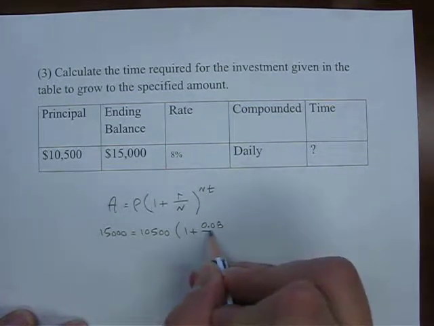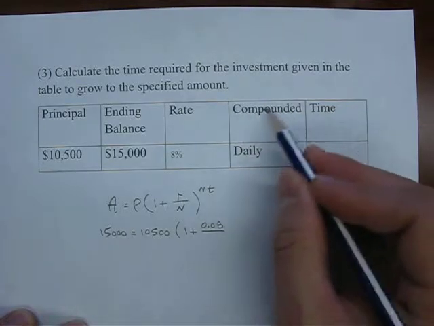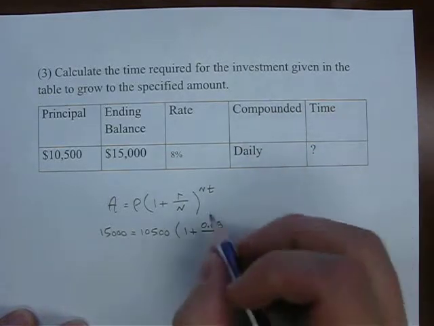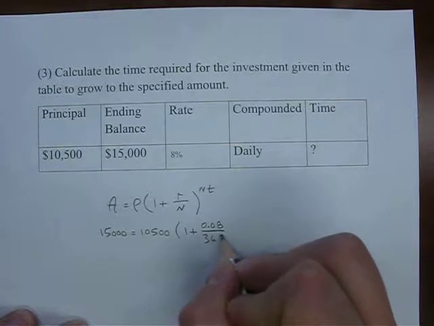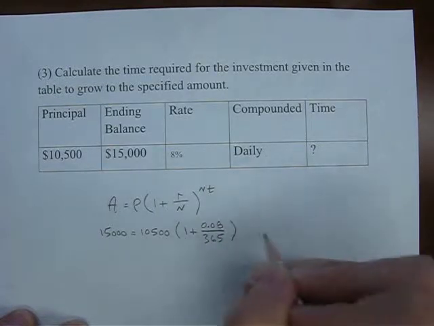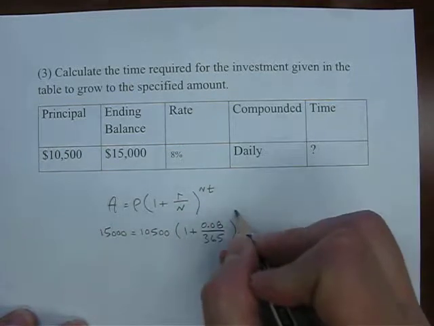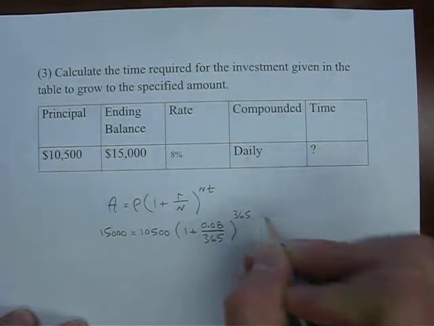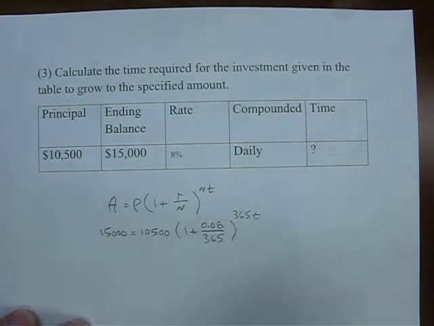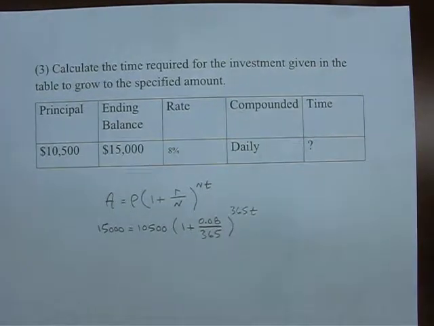Compounded daily, you're compounding the interest 365 times per year. So I get 365 up here times t. Take a good look at that. Everything is in there.